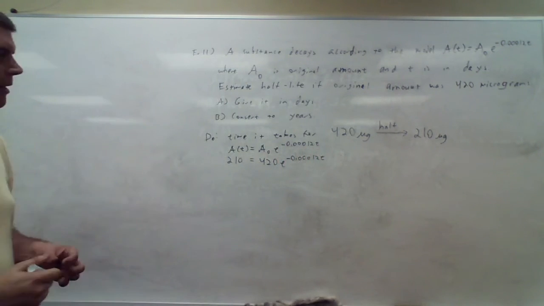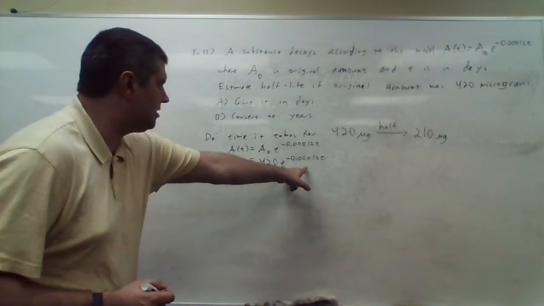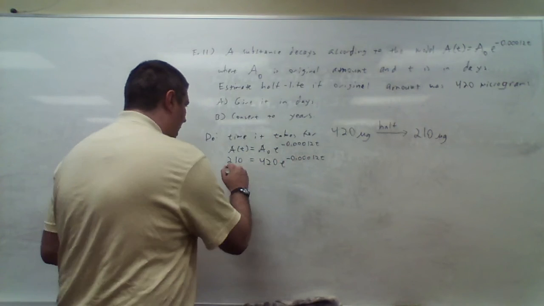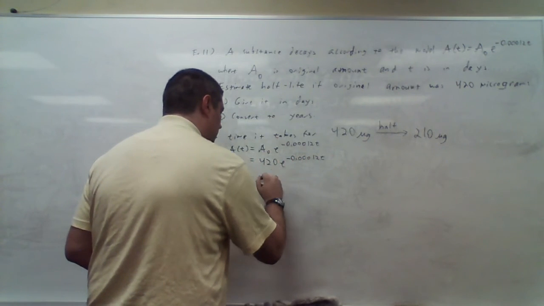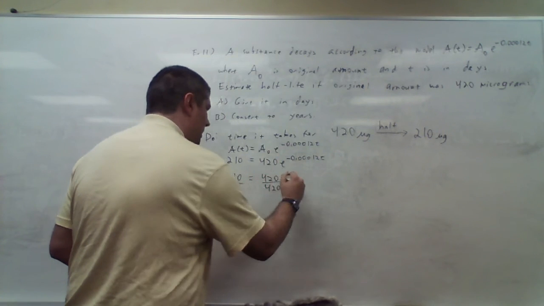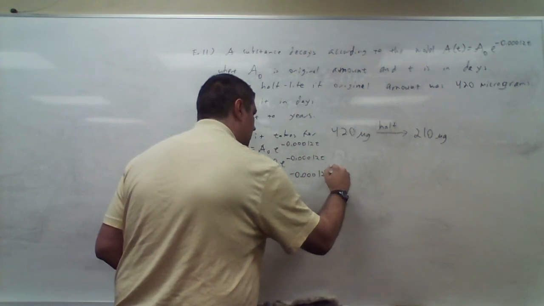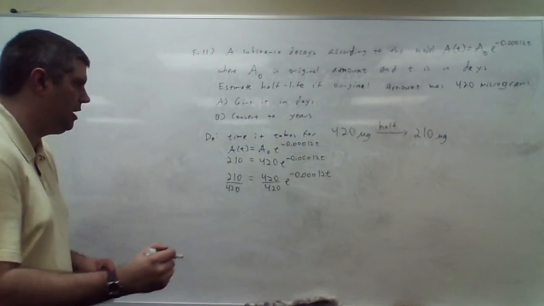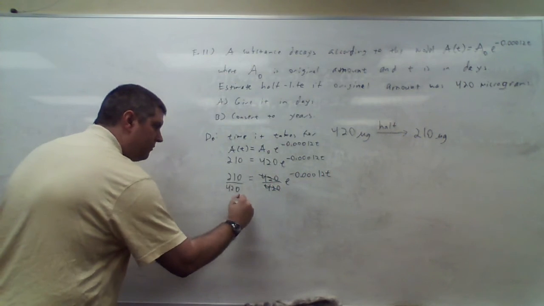So I want to isolate the e expression, so I will divide off the 420. Like so. These cancel. And folks, that's 1/2 or 0.5.